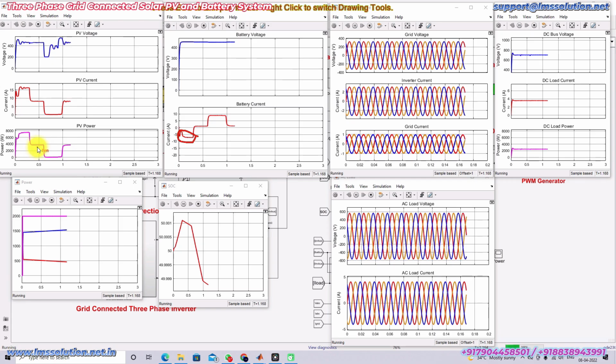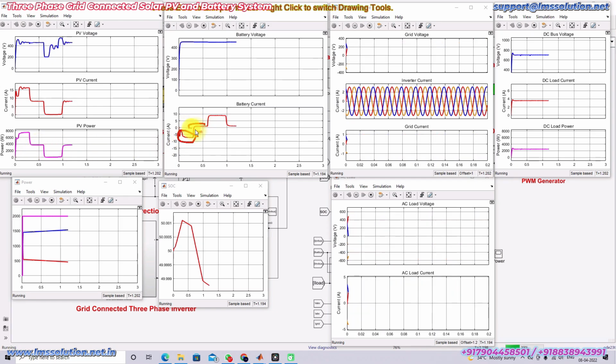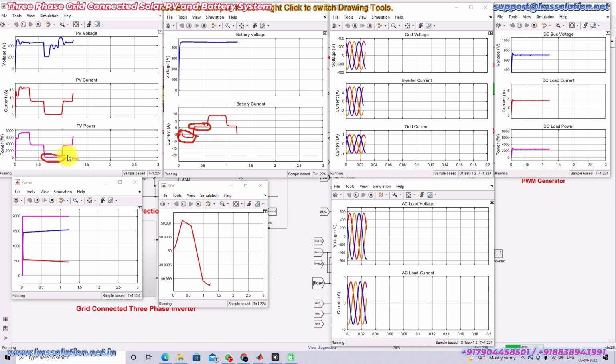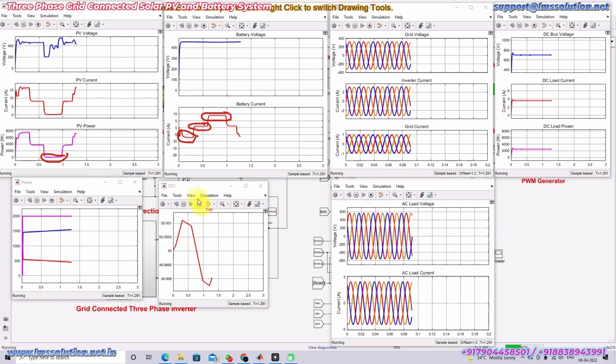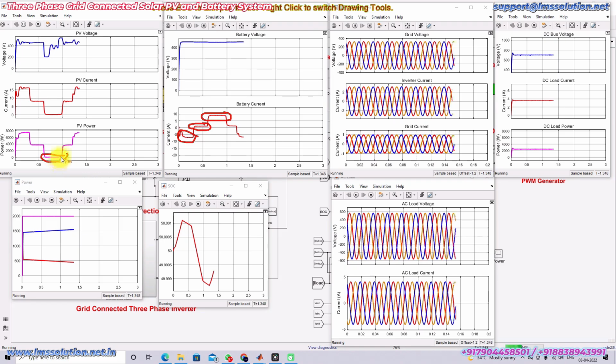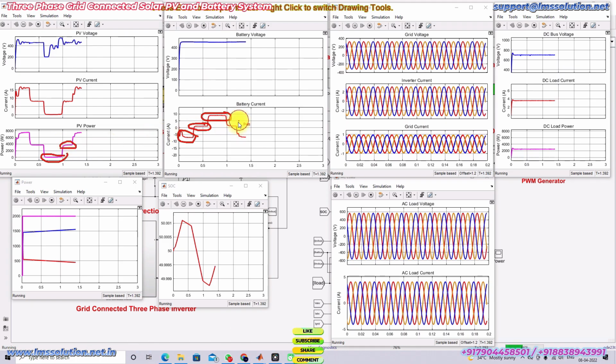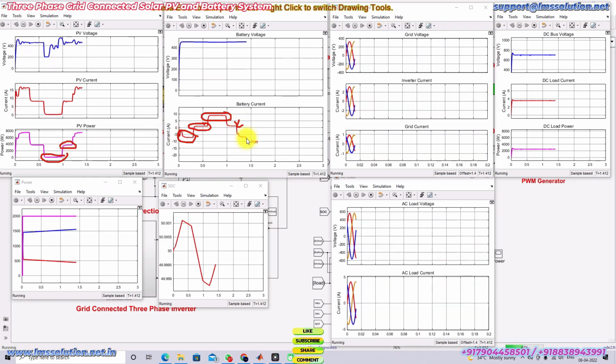When the PV power comes to 4000 watts it charges less, and when the PV power comes to 0, it again discharges with a higher amount of current. After that, when the irradiation changes from 10 watts per meter square to 500, the PV power is again increasing. Because of that, you can see that the discharging current decreases.